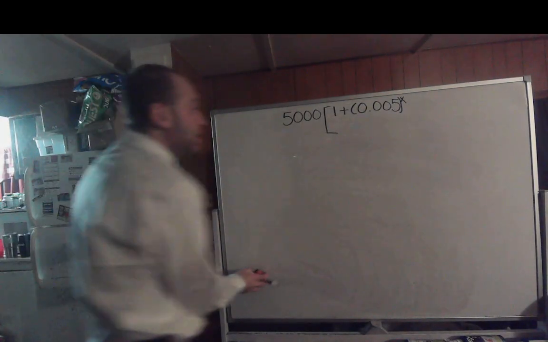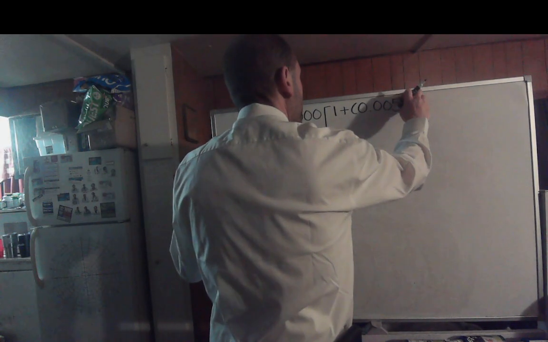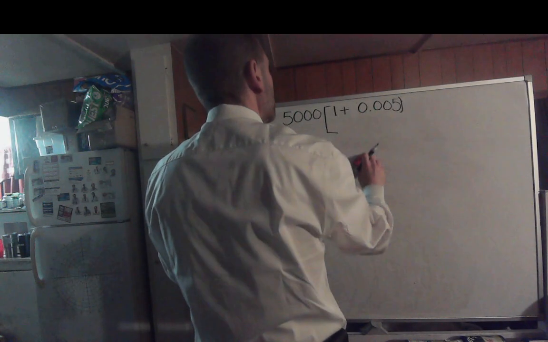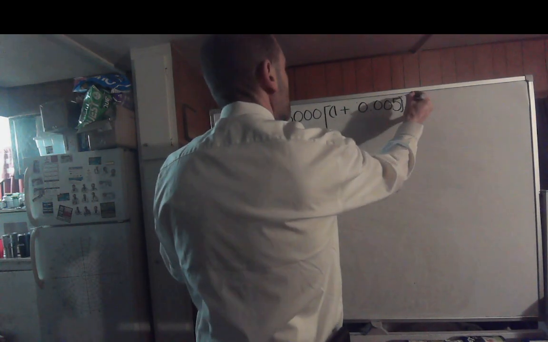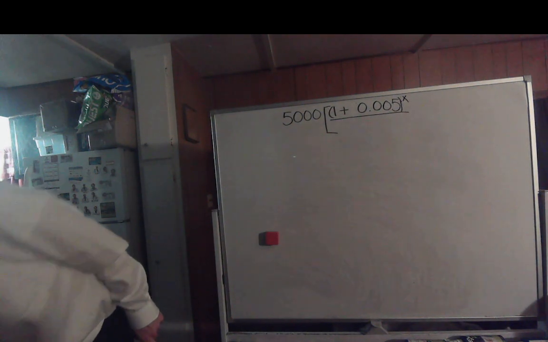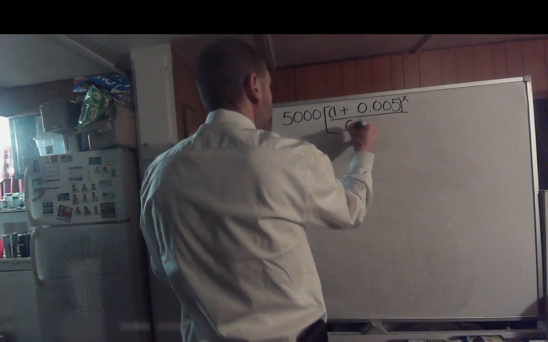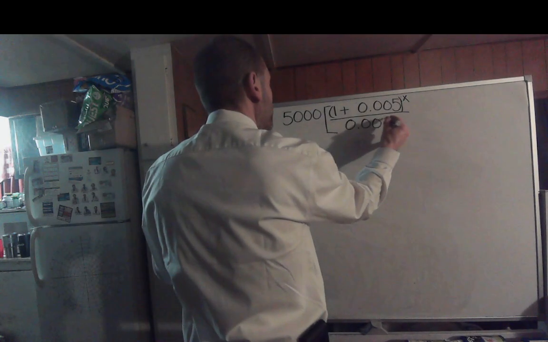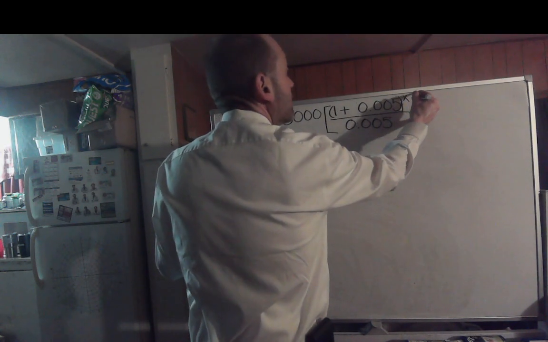Oh, it's the whole quantity. All over 0.005 is equal to 250,000.